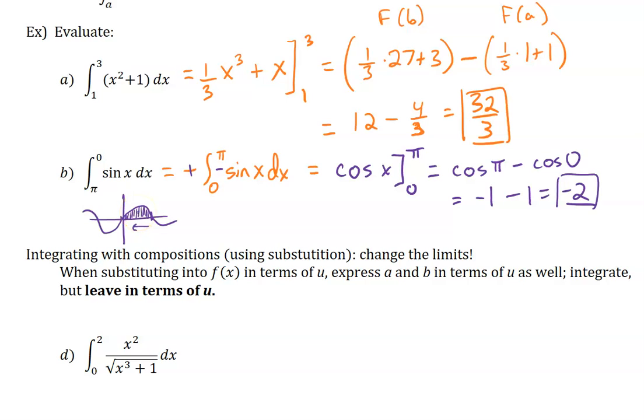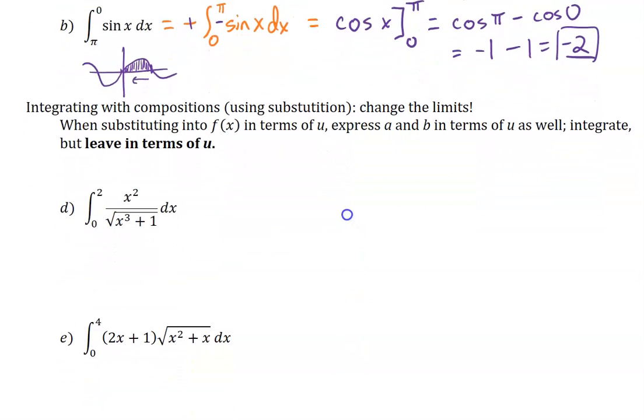Okay? And that might be something to remember just to kind of tuck away for later. The integral of one hump under a normal sine or a cosine curve, or the area of one of those, is going to be 1 or -1, or 2 or -2, depending on which direction you go and whether you're above or below the x-axis.